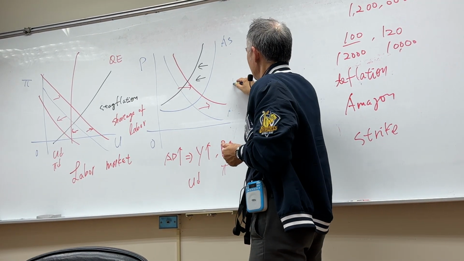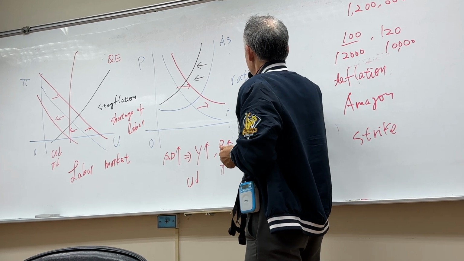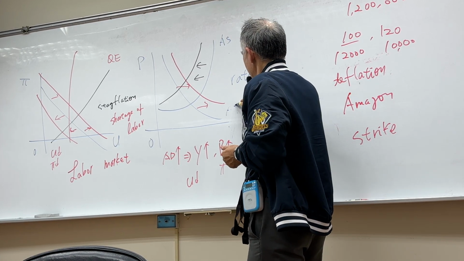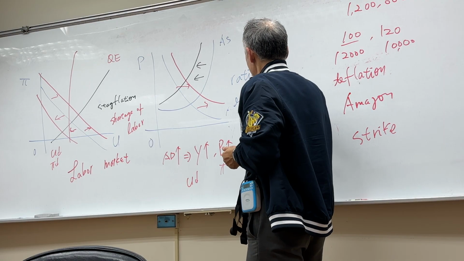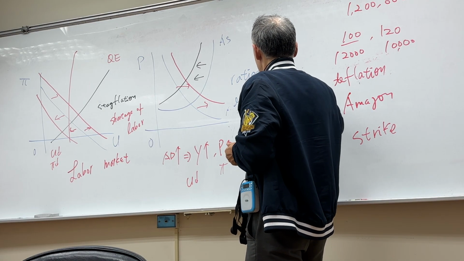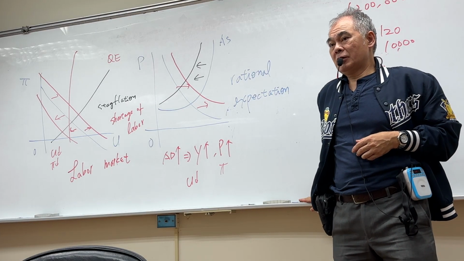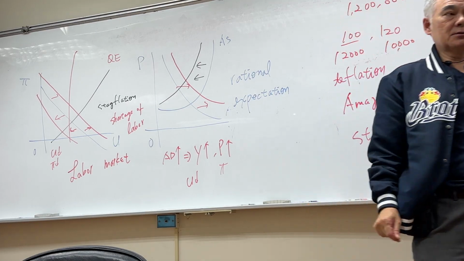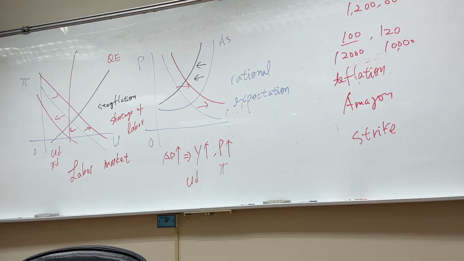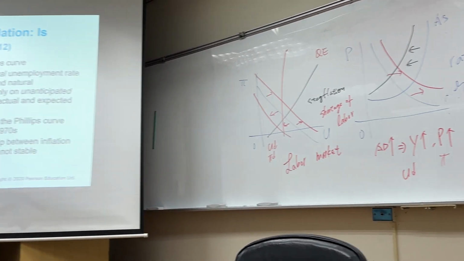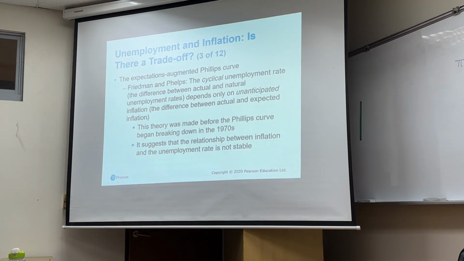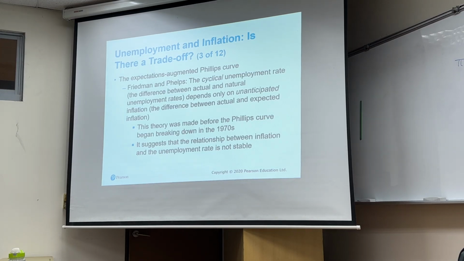This is their rational reaction to policies, to the changes in economic situations. So there are two people who say it could be cyclical unemployment, but really it is not the case.